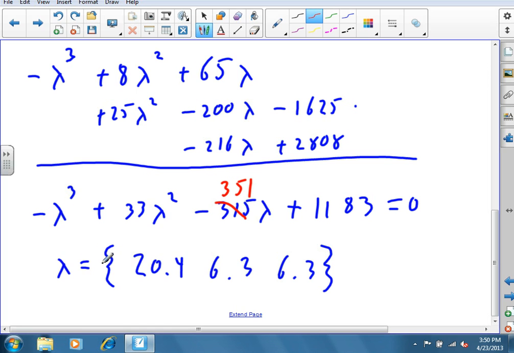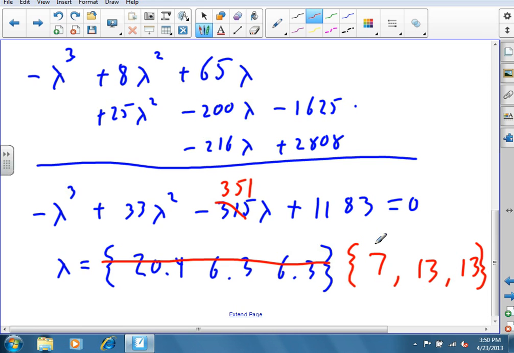Alright, so my eigenvalues are going to be 7, 13, 13. Isn't that wonderful? See how that works? Now, there's no way I could have done that in my head, right?